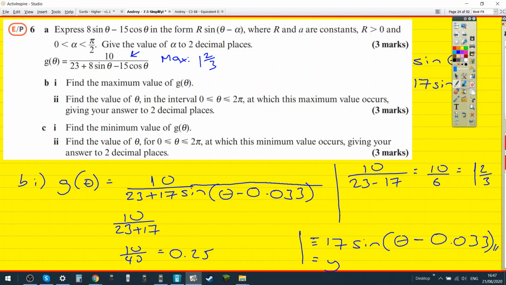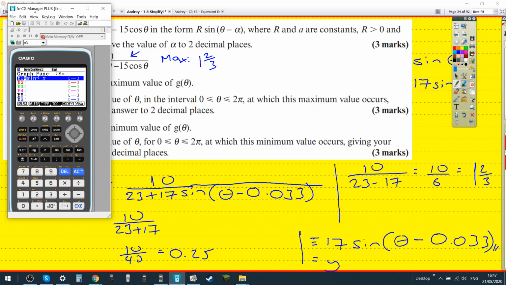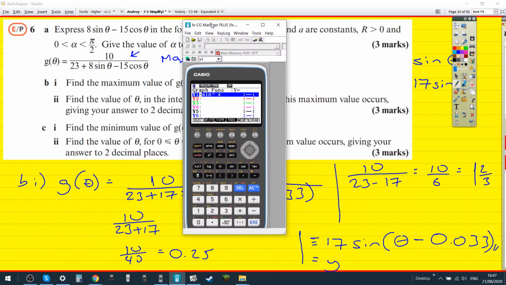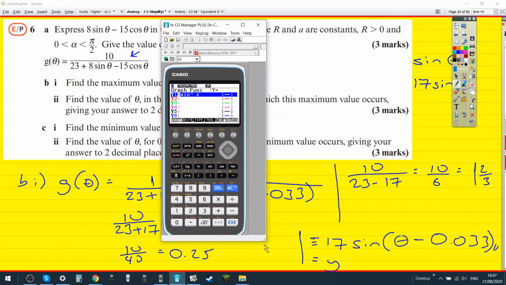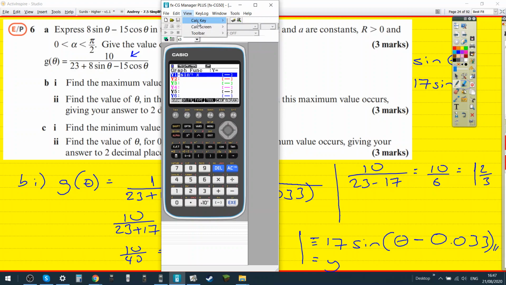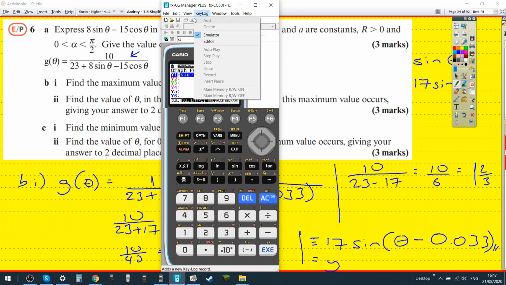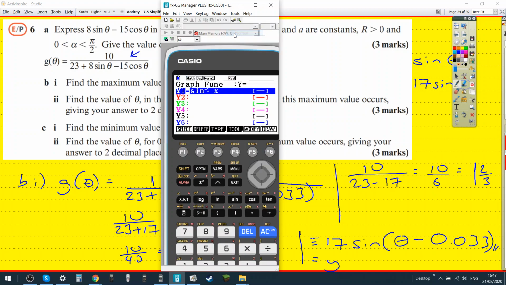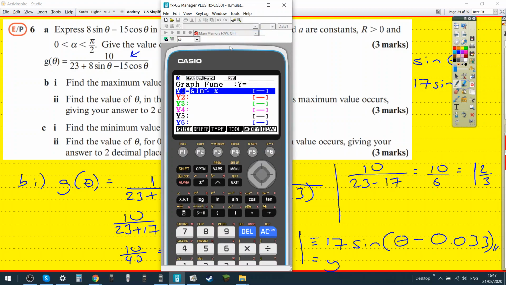Find the value of theta where that occurs. So what value of theta gives you that maximum? Put it into my calculator. Go on then. Although we do have enough to do it without it. Sin x.